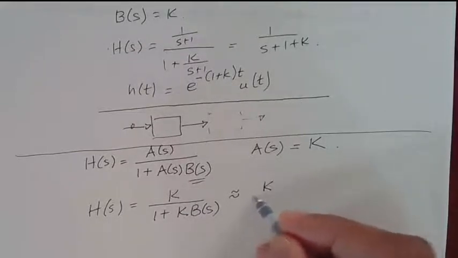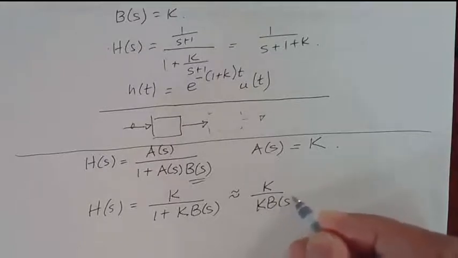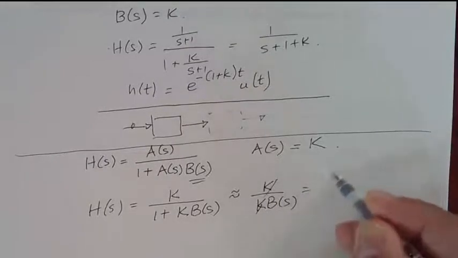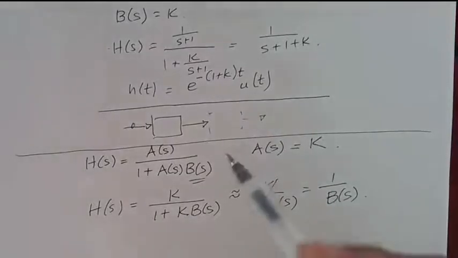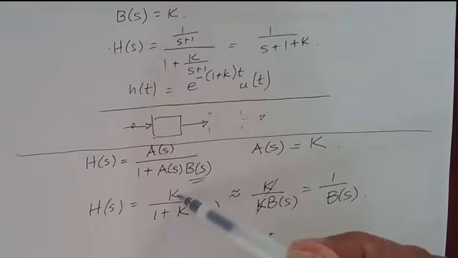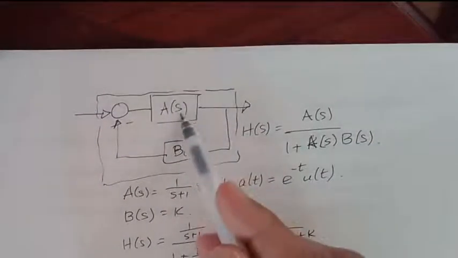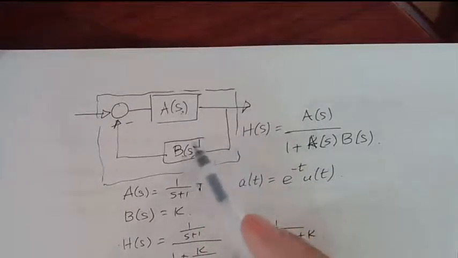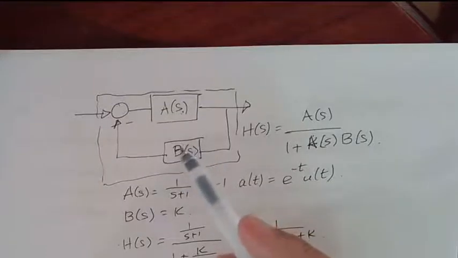And so I'll get K over K B of s, and the K's cancel out, and that gives me 1 over B of s. So by putting a large gain in the forward path, I can find the inverse system to whatever system I put in the feedback path.